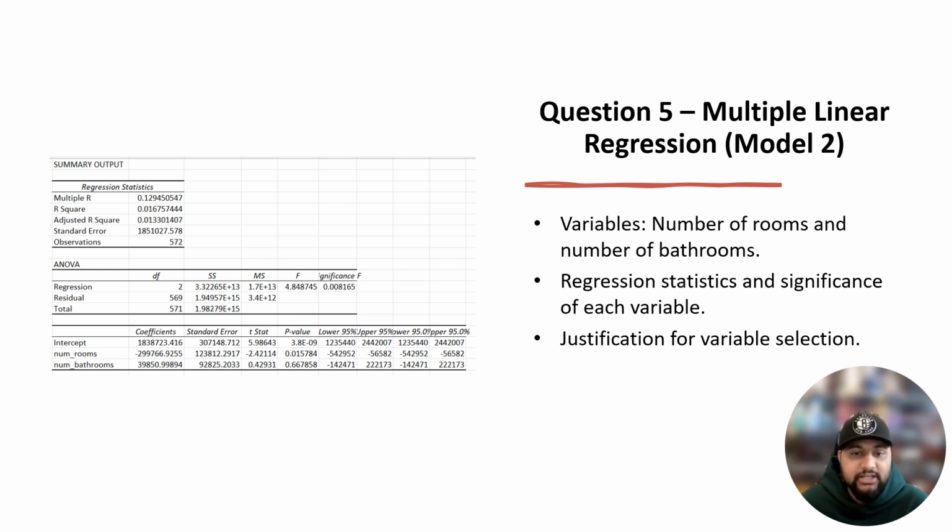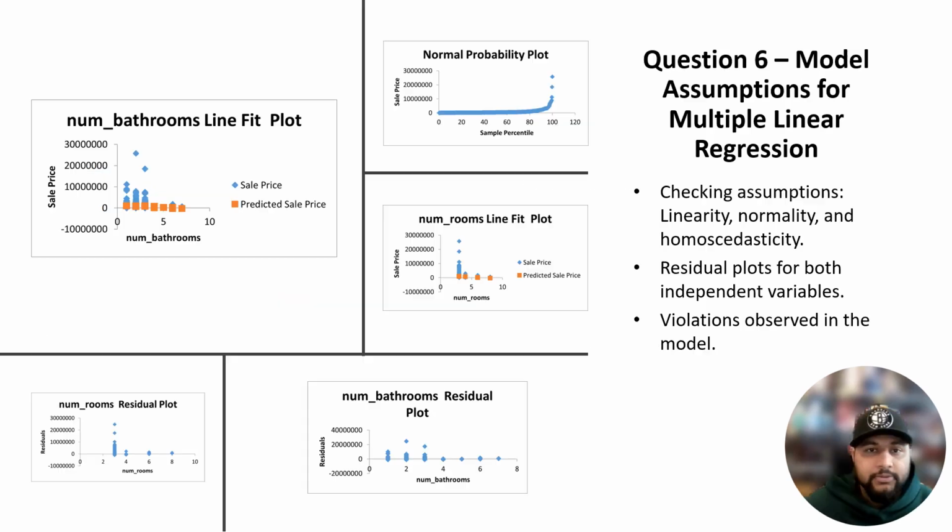This highlights that in this data set, the number of rooms is a more important predictor than the number of bathrooms. The inclusion of the additional variable has led to a slight improvement in R-squared compared to model one, but it is still quite low, showing that more factors may need to be considered to better explain house price variations.